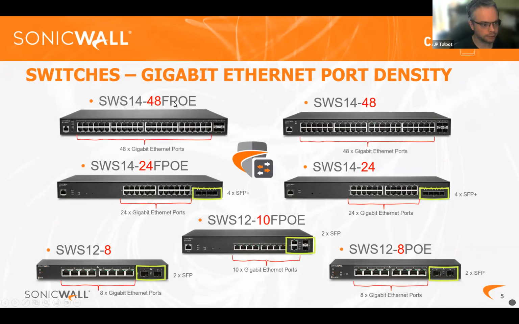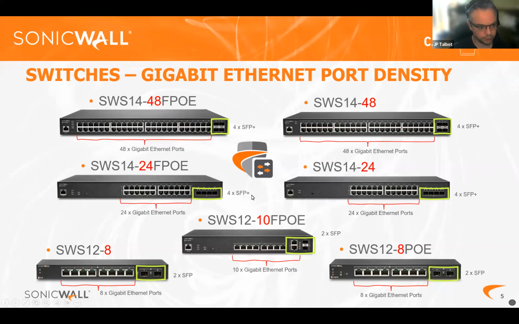As you can see, let's start with the top one. Those are 48-port switches, FPoE for full PoE, meaning all ports can be PoE and the switch has enough budget to do it. There is also a 48-port that is not PoE, which is the lack of PoE mentioned here. Same for 24-port full PoE and 24-port non-PoE, and a 10-port full PoE.